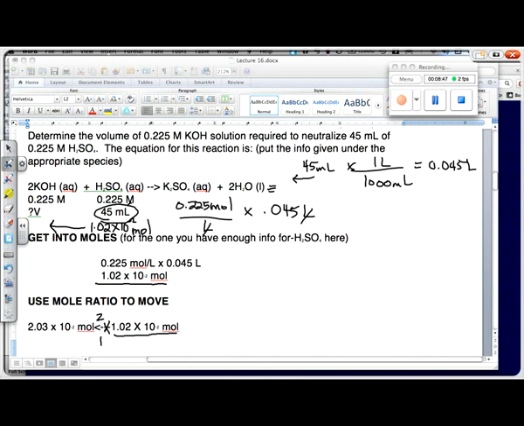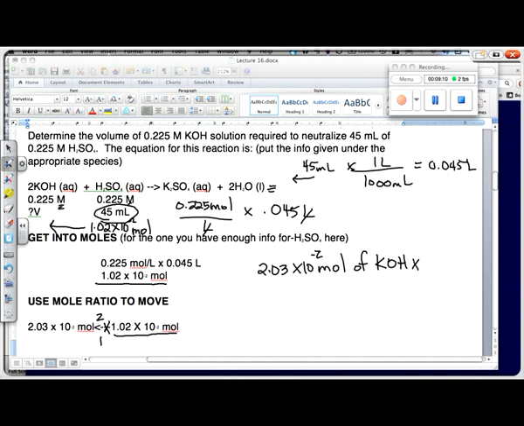So I'm going to work that out, writing it over here. It's in the notes, of course. So I end up with 2.03 times 10 to the minus 2 moles of KOH. And I want to know volume. Well, it has a molarity as well.